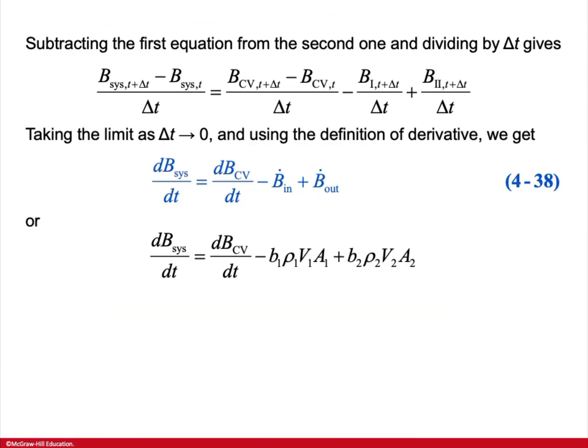So to find the time rate of change, all you need to do is subtract these two quantities at t plus delta t and initial time, divided by delta t. So over a certain time, how much of it changed or how quickly it changed, right?